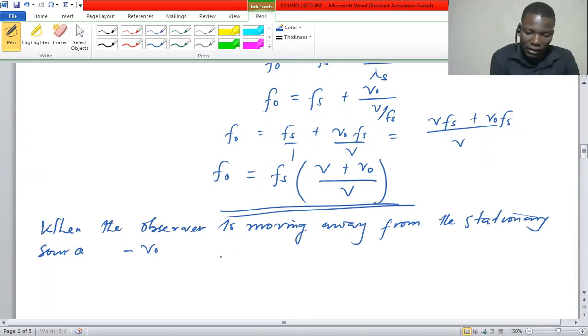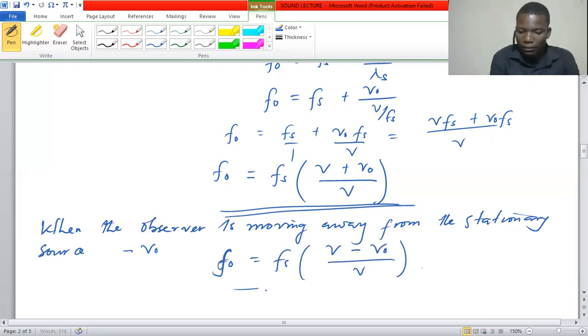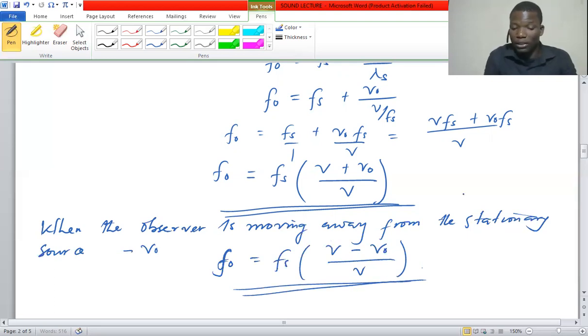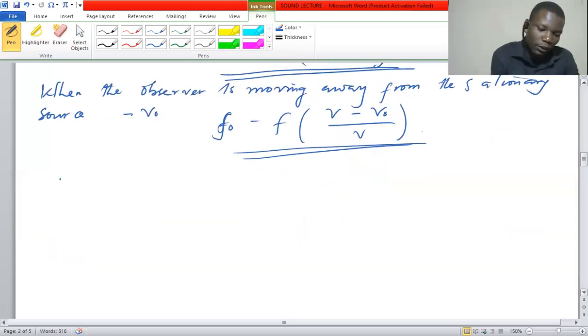So the detected frequency is going to reduce and is going to be given by this. Also, we will have a minus here. So you use the same procedure to find this equation. So we're going to go to case 2.